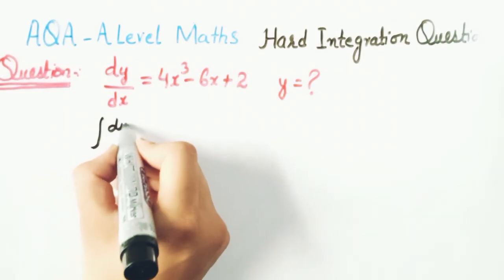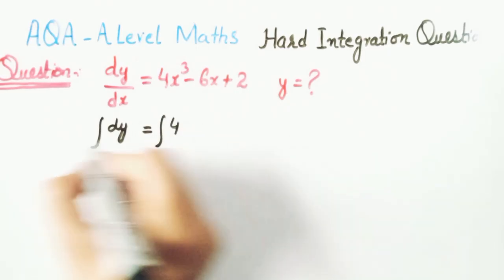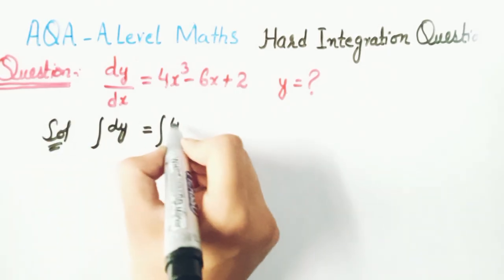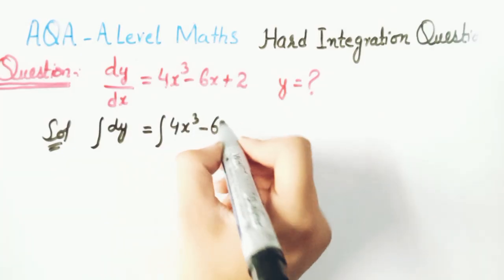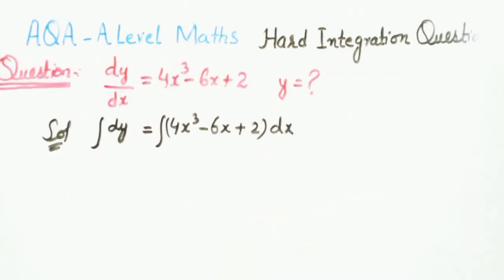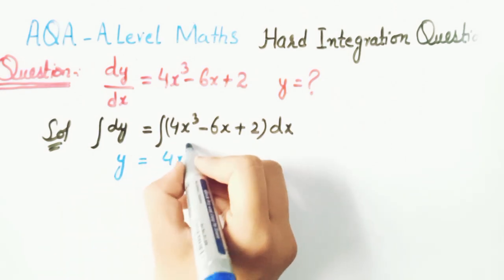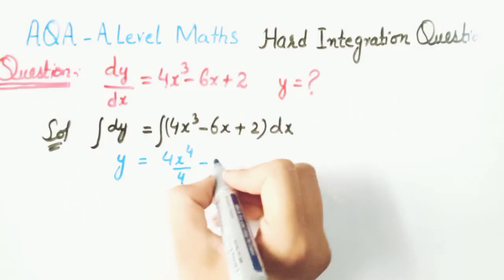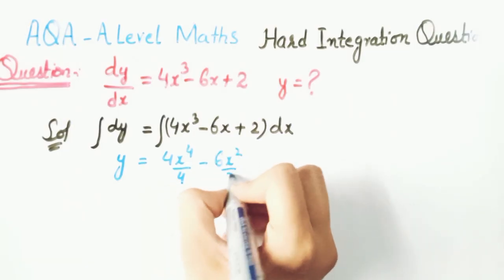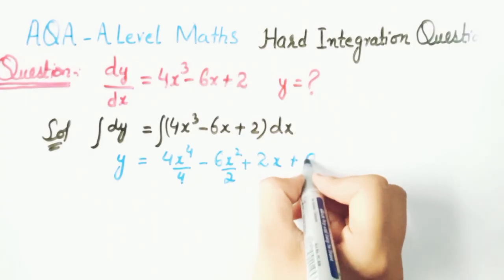The integration of dy on this side, and on this side we have 4x³ − 6x + 2 with respect to x. This will become y equals, and this side is 4x⁴/4 − 6x²/2 + 2x + c.